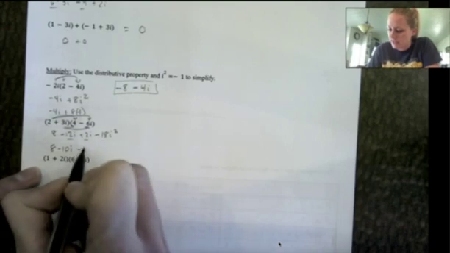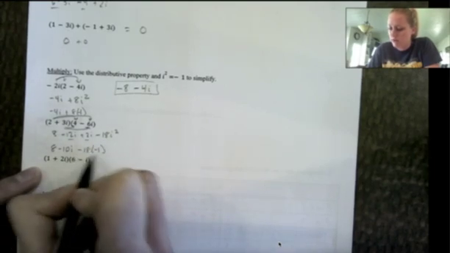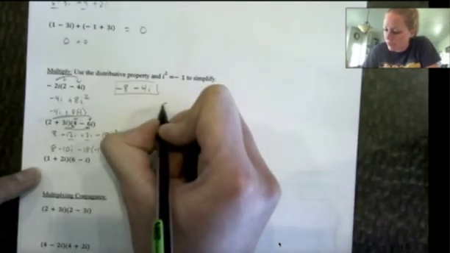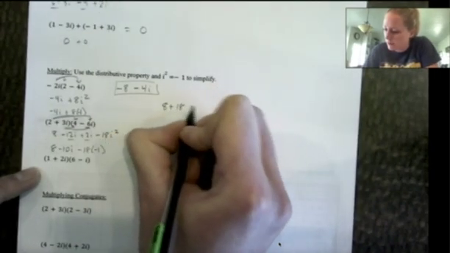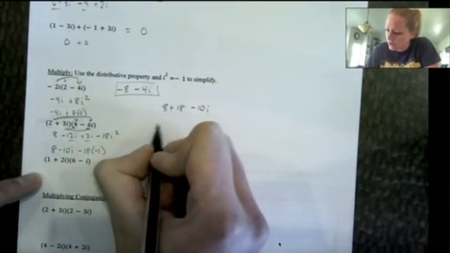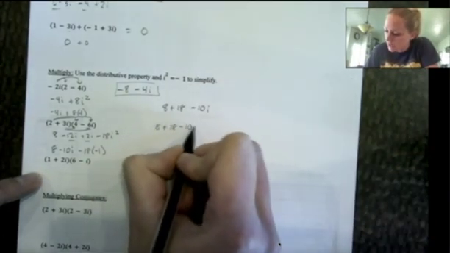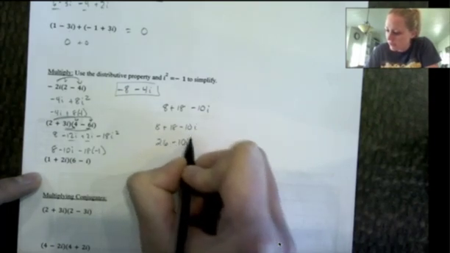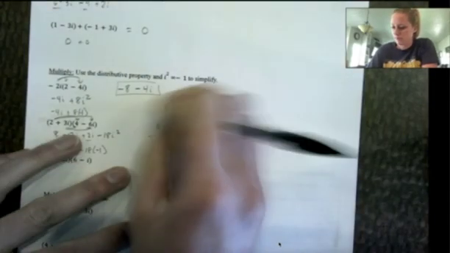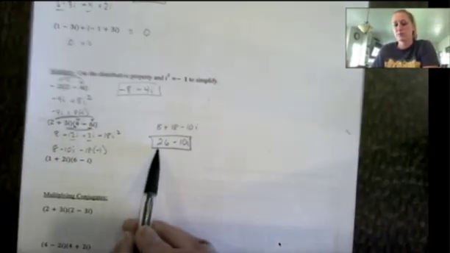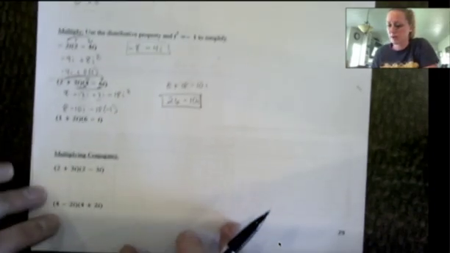And then negative 18 i squared, with i squared being -1, becomes a positive 18. So I have 8 plus 18 minus 10i. So 8 plus 18 gives me 26 minus 10i. Again, I'm just writing it in that standard form, so the real part comes first, then the imaginary part.